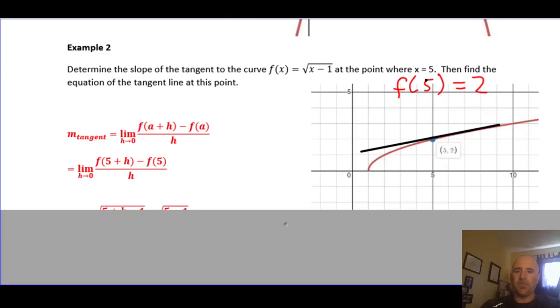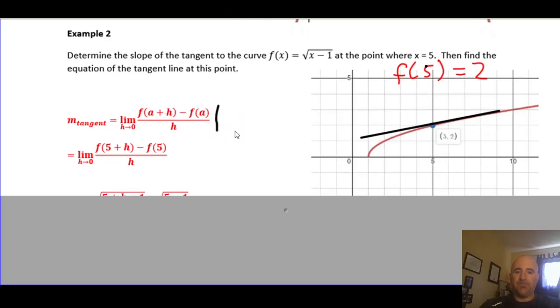Okay, so again, taking this definition from above, our a value here is equal to 5. So what we want to find is the limit as h approaches 0 of f of 5 plus h minus f of 5 all divided by h. Now f of 5 is equal to 2.